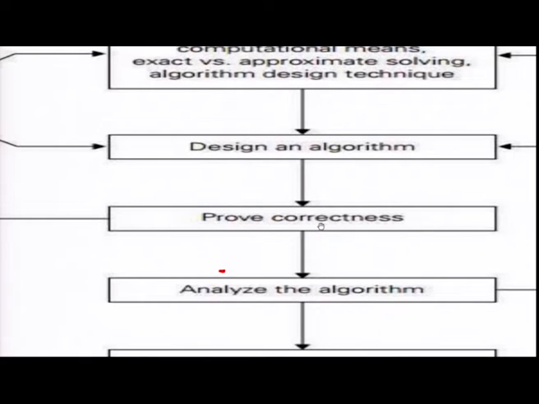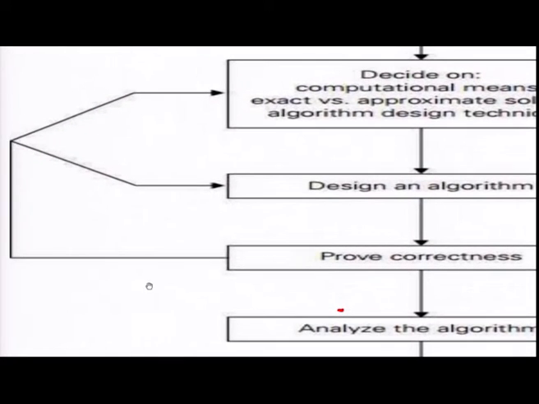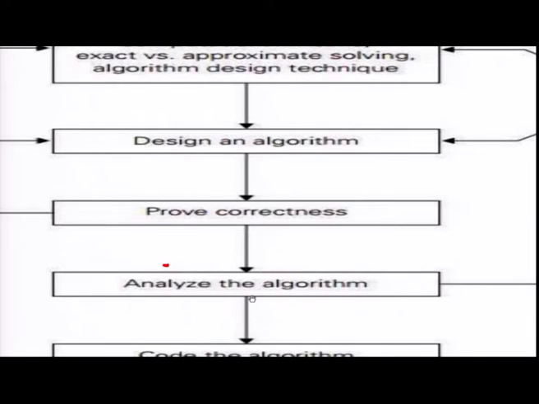If you find that the design of the algorithm is not correct, you go back again, decide on computational means, decide on a different design technique and design the algorithm. If it is correct, then you go down and analyze the algorithm.